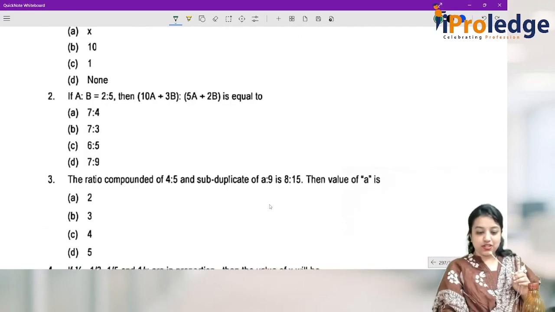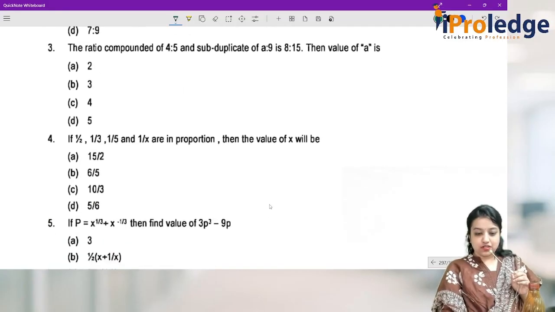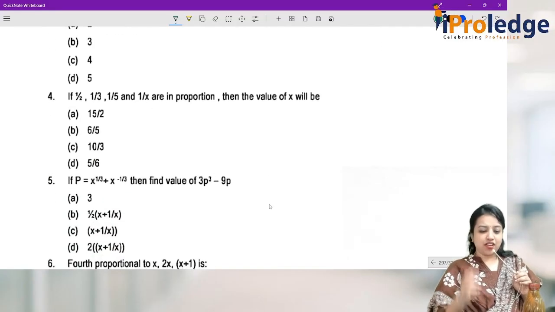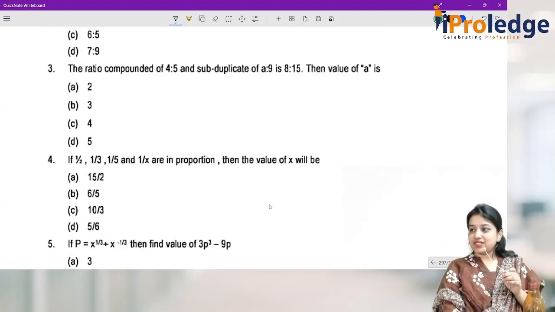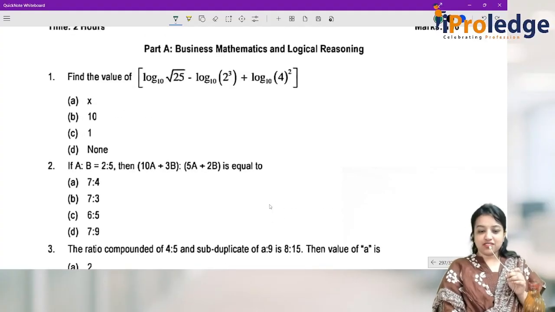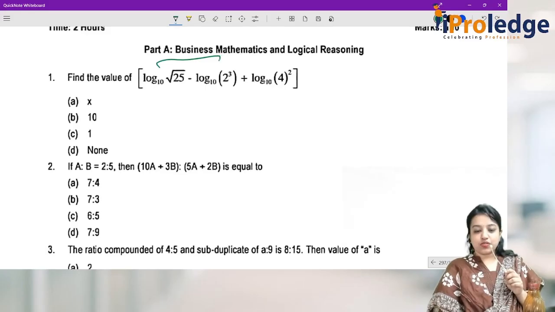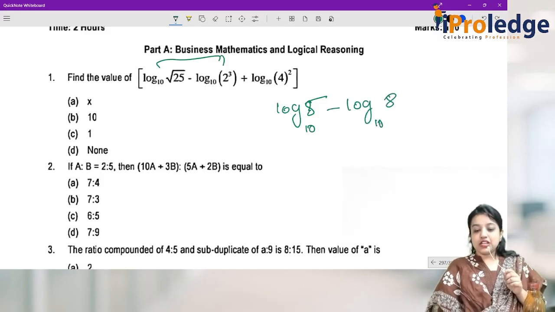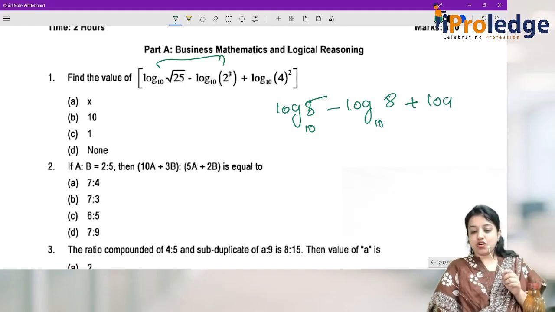So the first one. Almost all the questions are easy, direct questions only. So it is log square root of 25, considered as log 5 to the base 10, minus log 2 cube which is 8 to the base 10, plus log 4 square which is 16. When you have minus, you have to divide.